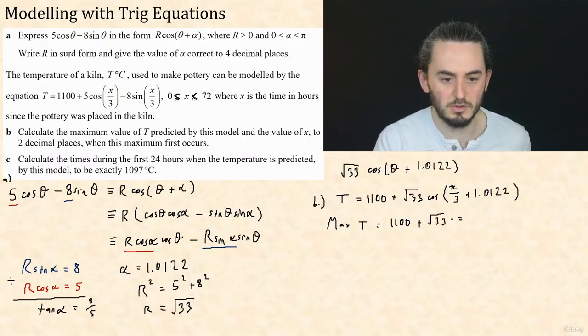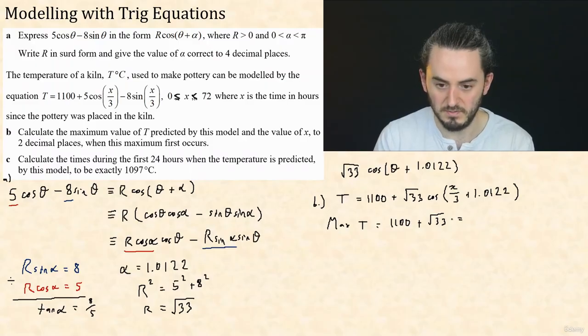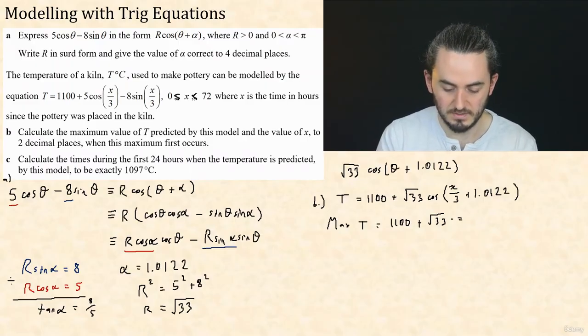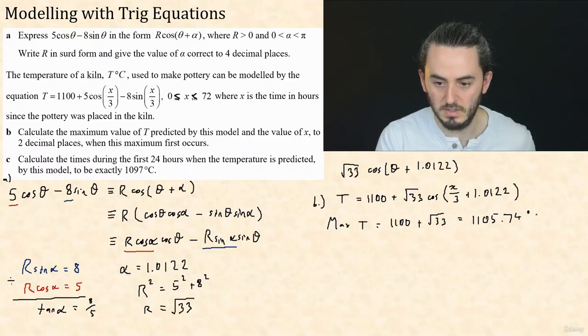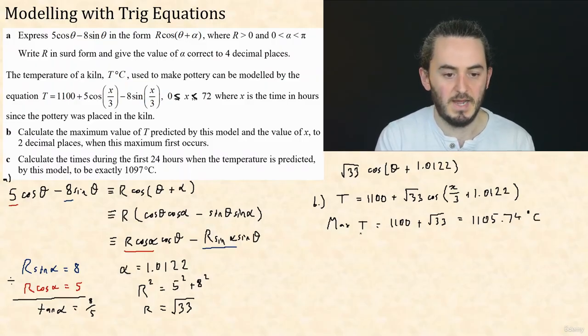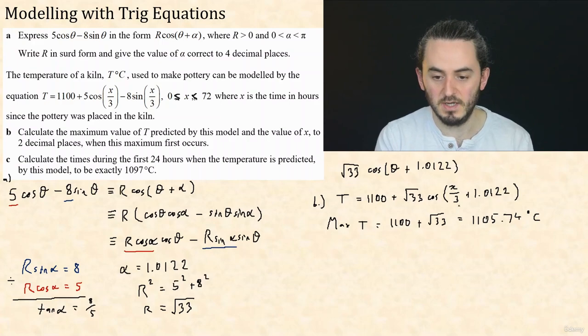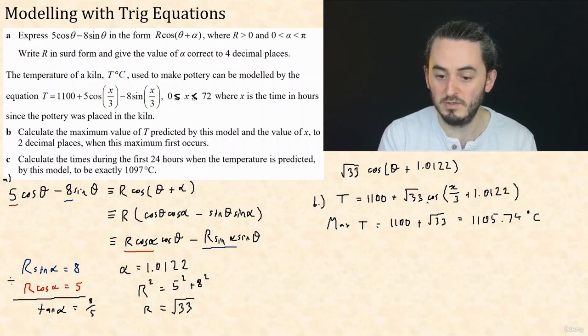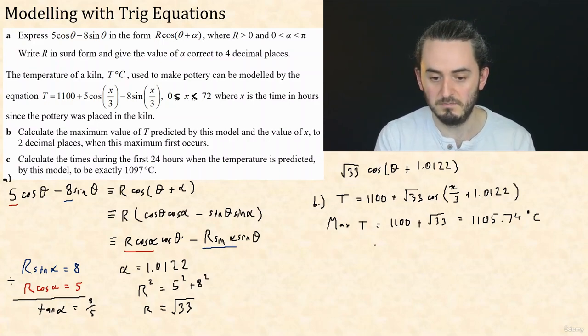They want x to 2 decimal places, so we'll give this to 2 decimal places as well. So 1100 plus root 33 is 1105.24 degrees Celsius. And the value of x when this first occurs, well, I need cos of this stuff to equal 1.